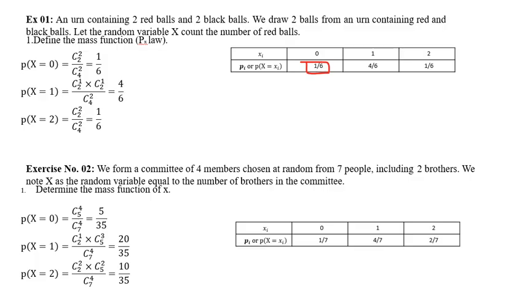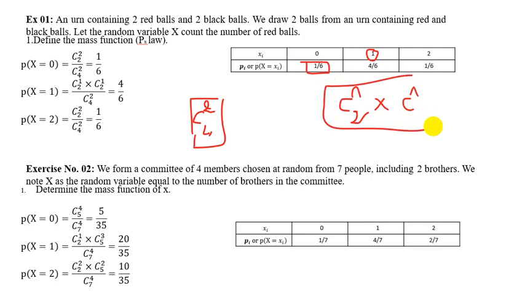Now, what is the probability of getting one red ball? For omega, it is always 2 from 4. It doesn't change. This is the cardinal of omega. Now for the event of getting one red ball, the first is red and the second is black, and the order doesn't matter.